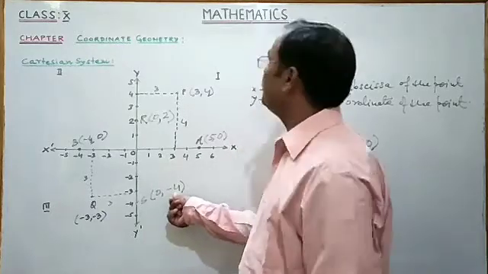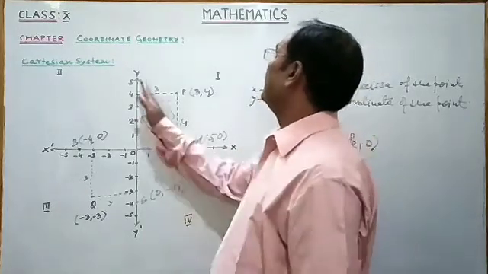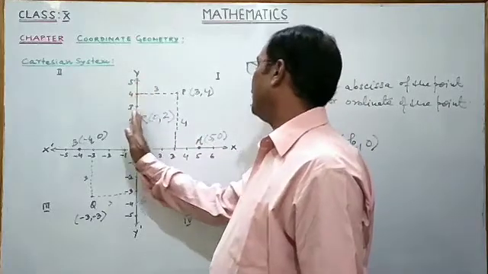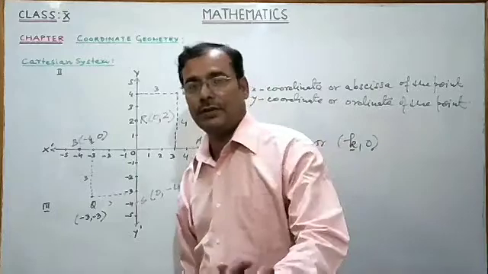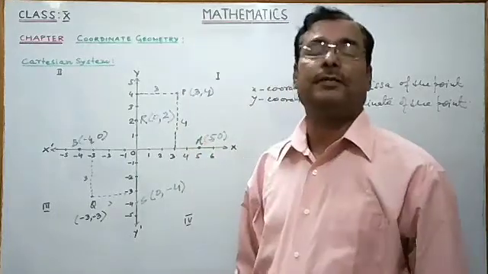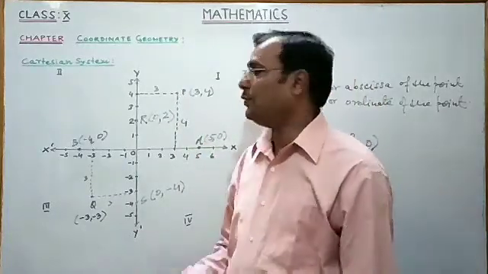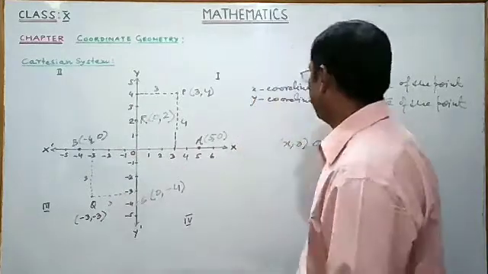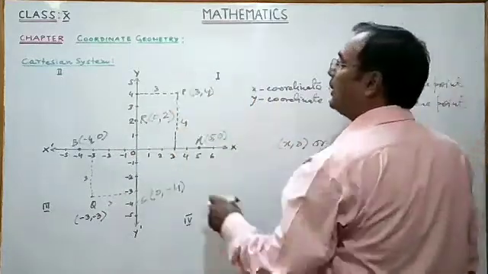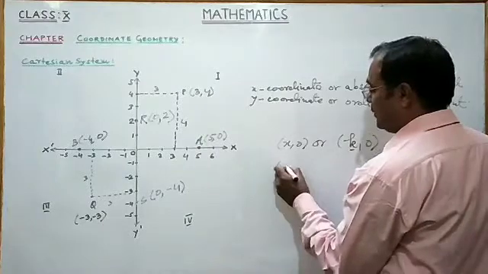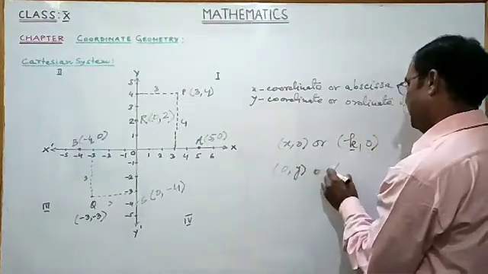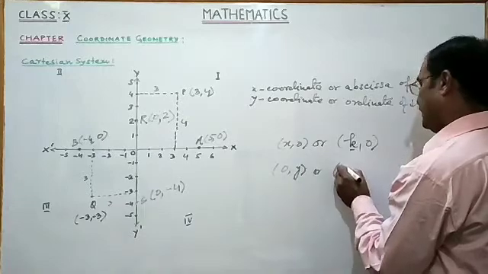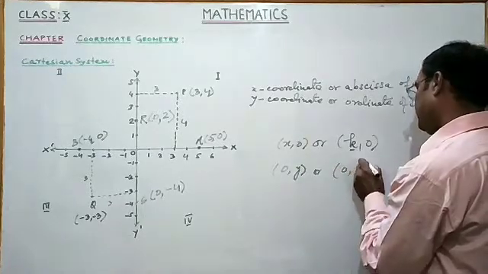Therefore, we can say that the x coordinate of all the points lying on the y-axis is always 0. That is, the abscissa of all the points lying on the y-axis is always 0. So any point on the y-axis can be written in this form (0, y) or (0, k).